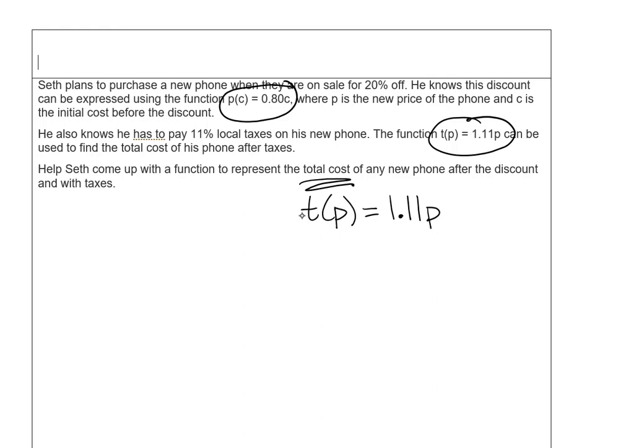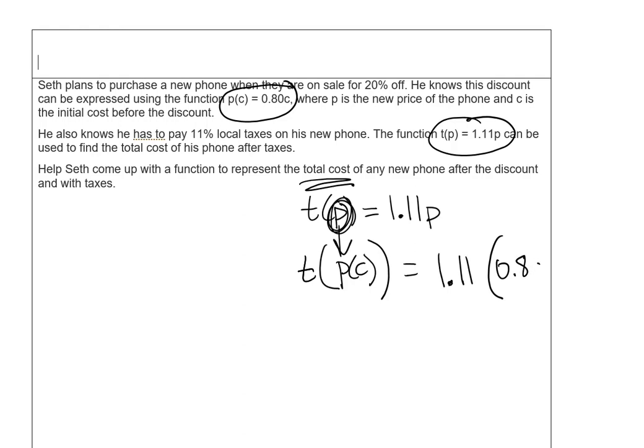But instead of P here, we're going to use P of C, which means take the P of C function and plug it in for P in that other function, which would be 1.11 times 0.80C.